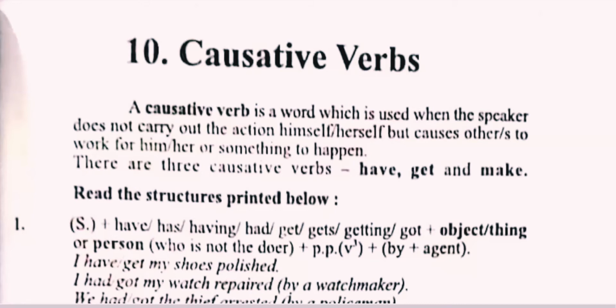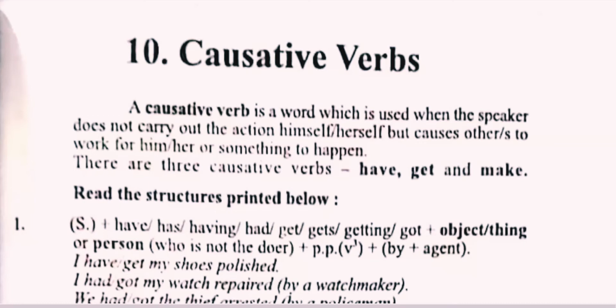Like in tense, or in active voice, you see, Ram writes a letter. Ram is the speaker there, Ram is the subject there, and Ram writes a letter. In passive, you see, a letter is written by Ram. So Ram has to do something himself, or if the subject is female, she does something herself.